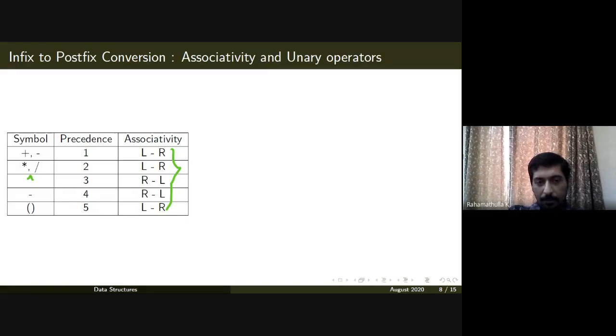So if we have multiple operations in the same expression, then the associativity of that operation is different for addition, subtraction, multiplication, division, and other operators. See, if we have an expression like a plus b plus c, then in this operation we have two plus symbols.